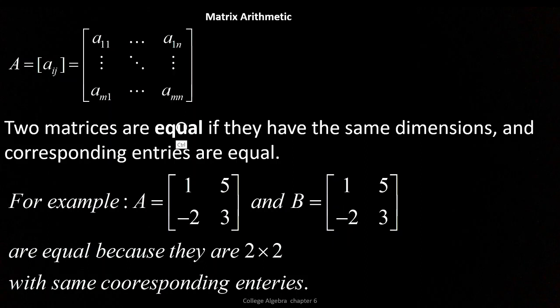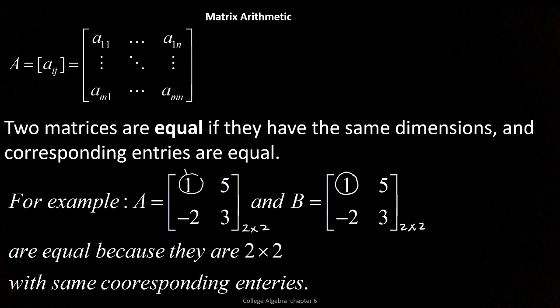Two matrices are equal if they have the same dimensions. So for two matrices to be equal, they have to have the same dimensions. Dimensions refer to what? Number of rows and number of columns. So two matrices have to have the same dimensions in order to be equal. And also they have to have the same corresponding entries.